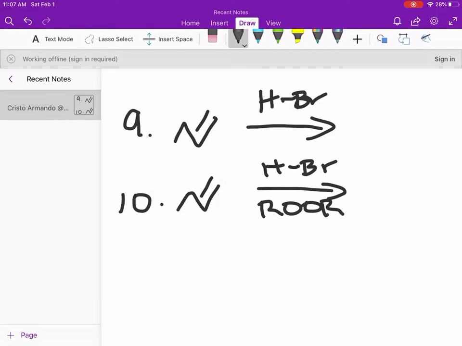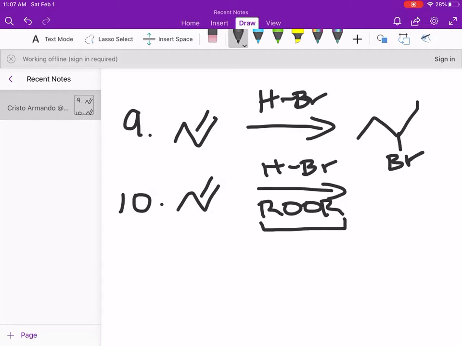So in number 9, HBr is going to add in a Markovnikov fashion to the more substituted carbon, carbon right here. In number 10, this catalyst right here is going to induce this reaction to undergo a radical mechanism.